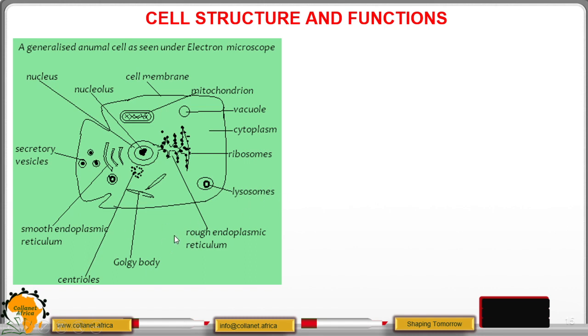So note those structures that are present in a plant cell but absent in an animal cell. For example, we can see centrioles and the vesicle in an animal cell, but a plant cell lacks such.